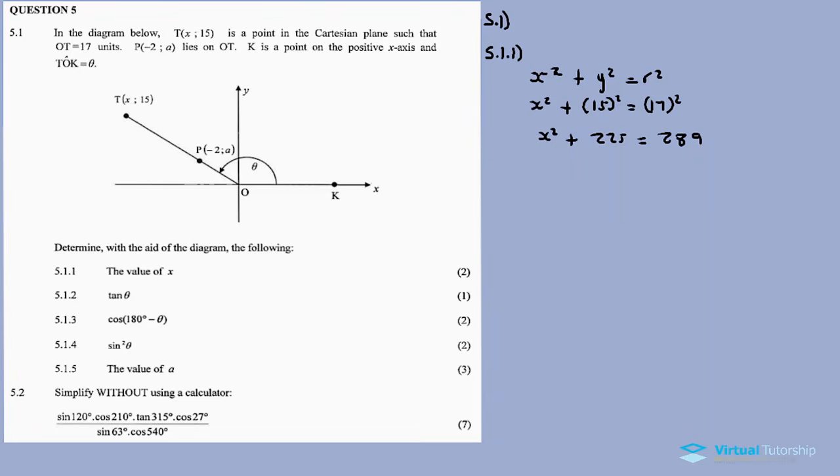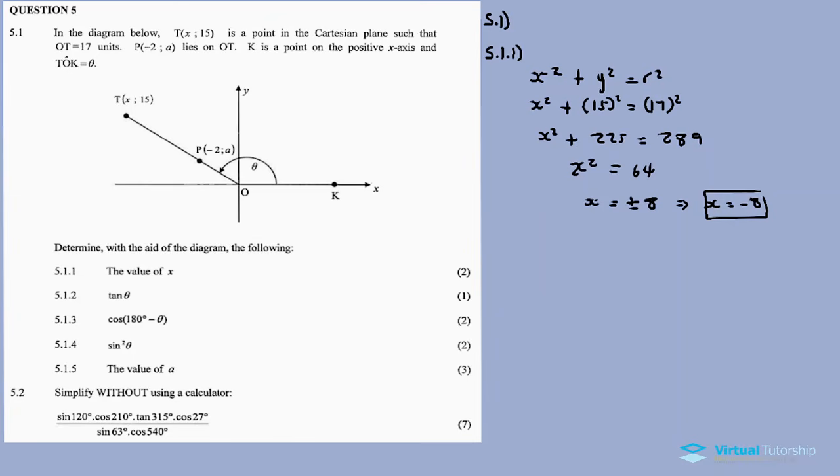So now transpose 225 to the right-hand side. x squared equals 64, and the square root of 64 is plus or minus 8. But our answer, the value for x, is minus 8. Why is that? Because T is in the second quadrant, and in the second quadrant our x value is negative. So we have the value of x.